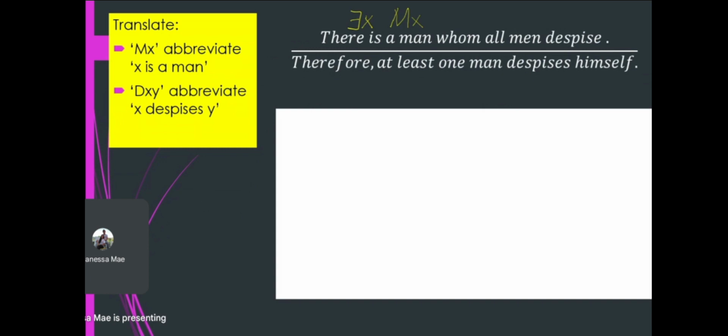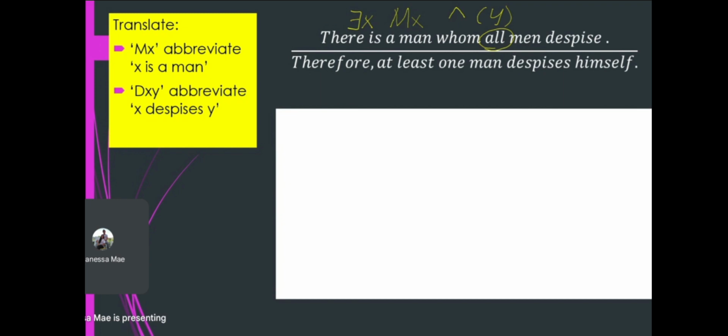Whom, all men despise, so we put an and. To continue, all, whom, meaning universal. Since we are talking about another person, we will use y. The existential x already represents the man, so the other person we will represent as y.